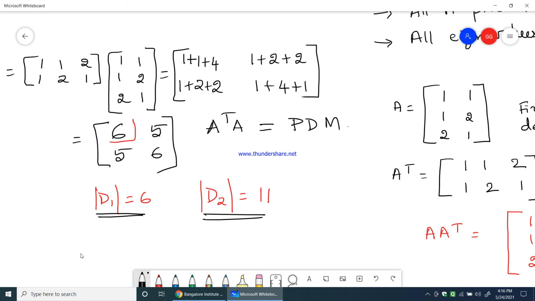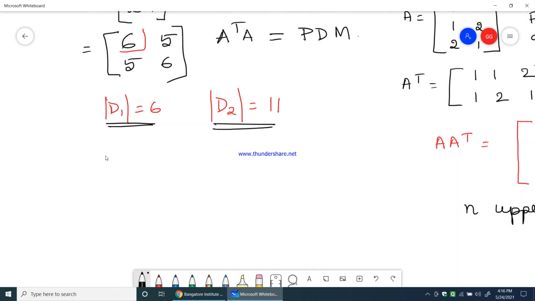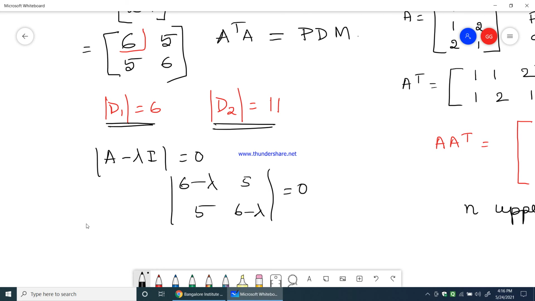We will also see finding out the eigenvalues here. Now the determinant of A minus lambda I is equal to 0. Therefore, 6 minus lambda, 5, 5 and 6 minus lambda equals 0. I will just take 6 minus lambda the whole square minus 25 equals 0.